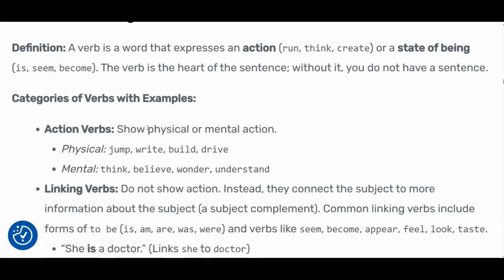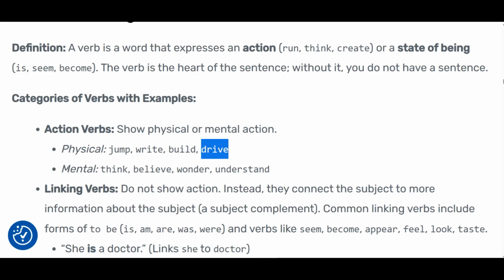So, categories of verbs with examples. First is action verbs, which show physical or mental action. Physical verbs are jump, write, build, drive. These are physical verbs because when you jump, write, build, or drive, you do some physical activity.